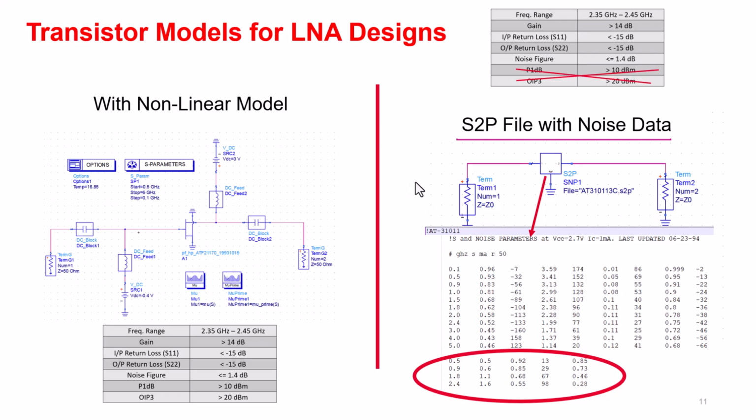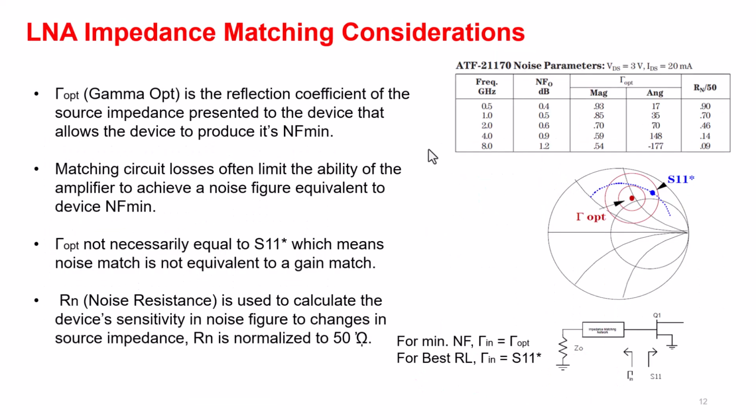And all the design steps which we are going to talk about in this webinar is equally applicable no matter whether you are using a nonlinear model or whether you have a S2P file, except DC IV curve simulation, which you cannot perform if you have a S2P file. Other than that, everything is equally valid in this webinar.